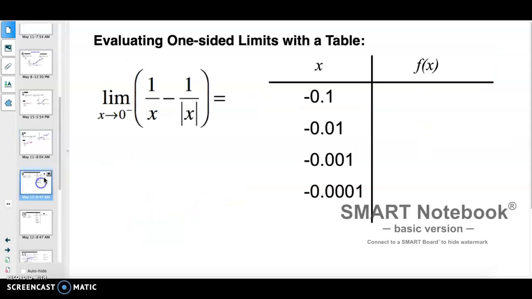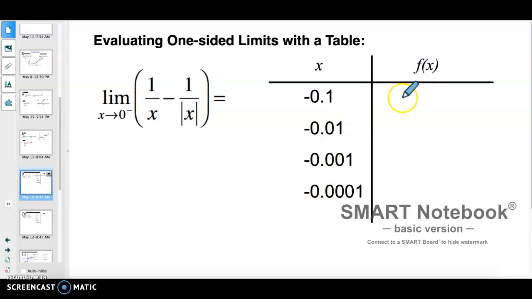So putting that into play, we sometimes see that as a table or algebraically, and then sometimes we see it as a graph. Looking at it from a table, if I were to say the limit as x approaches 0 from the left of this function, one way you could approach it is to plug into your calculator a bunch of values that are getting close to 0 on the left. To the left of 0 are negative numbers, so you can see I'm picking x values that are getting closer and closer to 0 from the negative side.